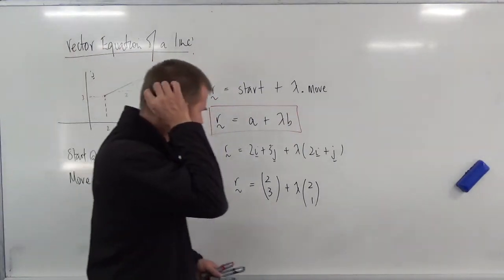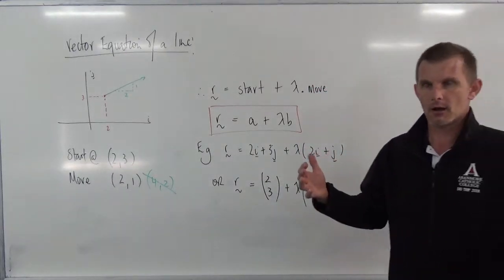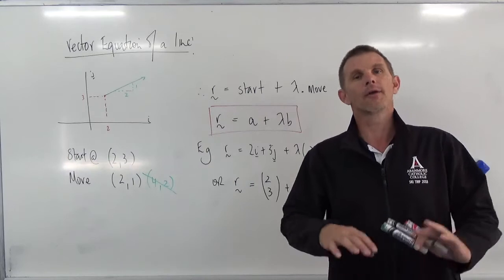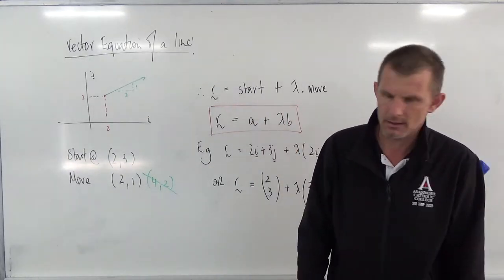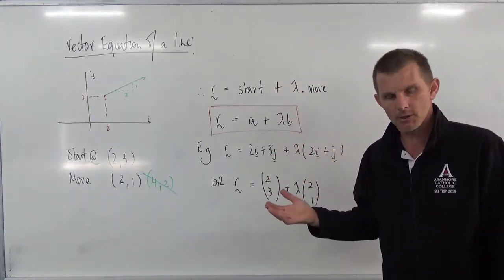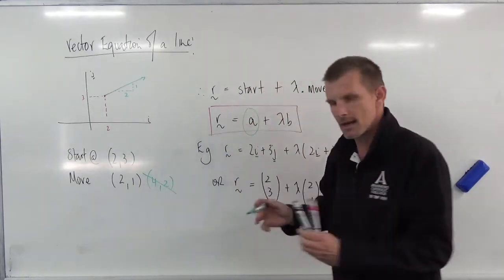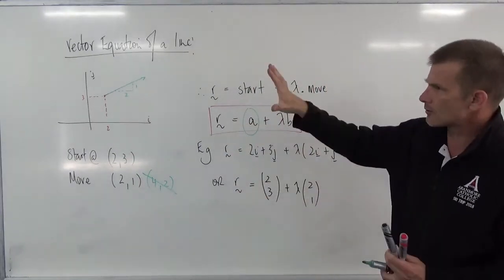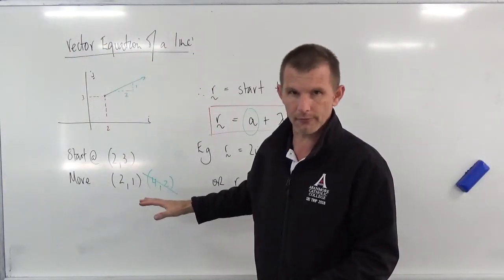Now, there's something very important here that I want to contrast to. You would have done equations of a straight line on the Cartesian plane way back in year 9, perhaps even year 8. Well, this is really just a linear equation, because right here you have a start point. Now, with vector equations, that start point can be anywhere across the plane.